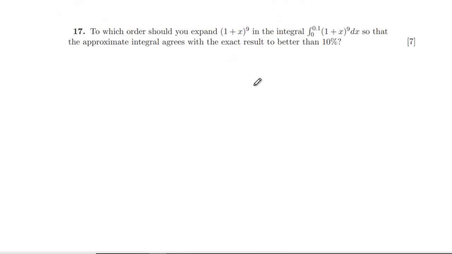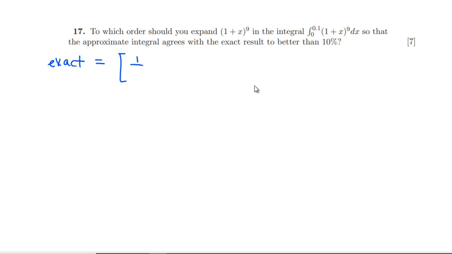Oh, it's a 7 marker. To which order should you expand that in that integral so the approximate integral agrees with the exact result to better than 10%? Well, let's do the exact one first then. So exact is going to be, well, integrating it is relatively straightforward, isn't it?